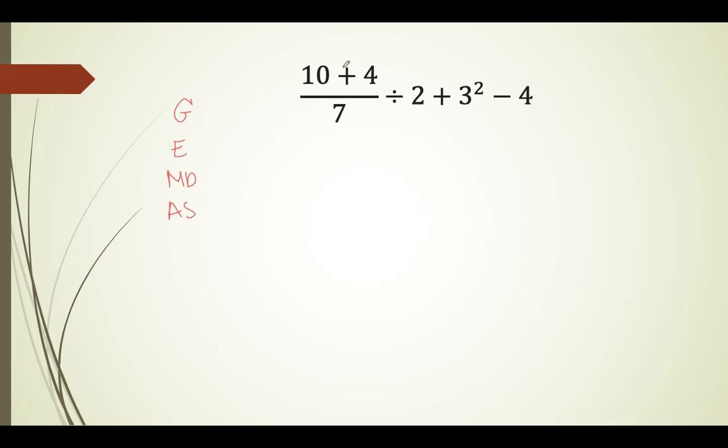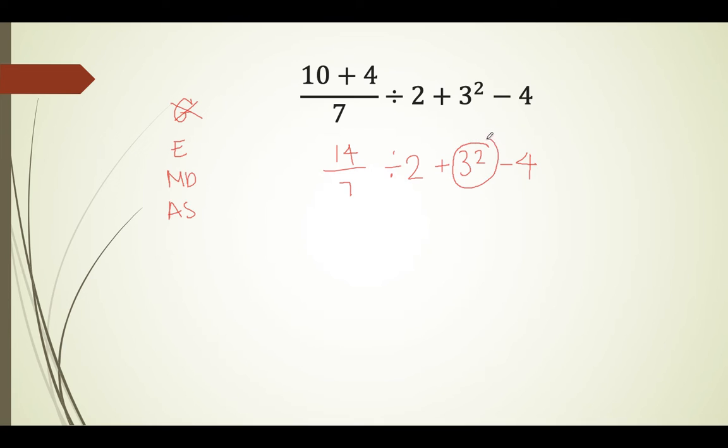So what I'm going to do is 10 plus 4, which gives me 14, divided by 7, divided by 2, plus 3 to the power of 2 minus 4. Now that everything looks a little bit more normal, I'm going to cross off this G for grouping symbols, and I'm going to take care of some exponents.